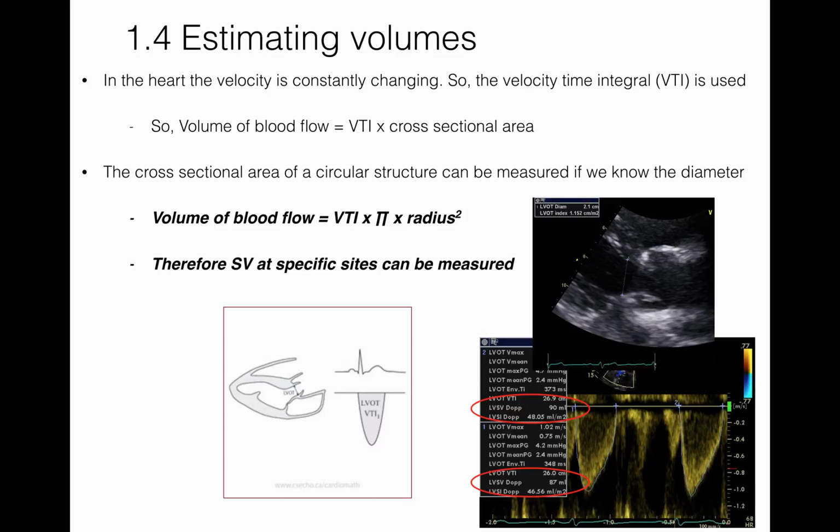If the velocity of blood flow is known, the distance that a set volume of blood travels can be calculated. To estimate this volume, a point of reference is identified, and the cross-sectional area of the reference point is measured. It is assumed that these reference points, such as the left ventricular outflow tract, are circular in anatomy and that their diameter enables the accurate estimate of their cross-sectional area.